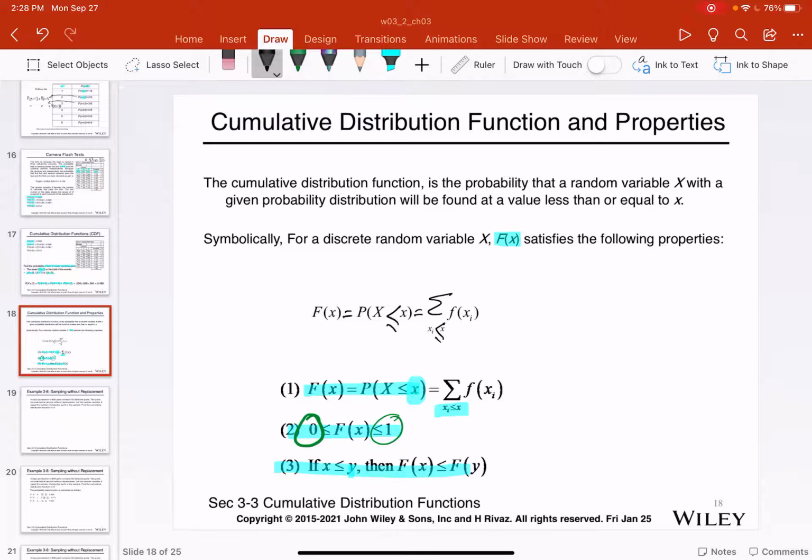These functions are called monotonically increasing. It means that if x increases, F of x also increases. There's no chance that F of x decreases.